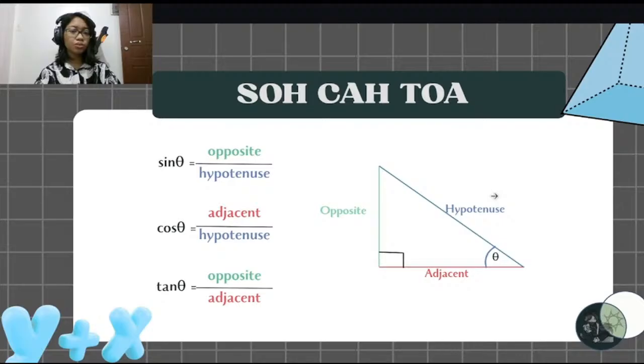This is used when the side next to the angle and the longest side are given. Tangent of an angle is the ratio of the opposite side to the adjacent side. Notice that tangent does not involve the hypotenuse.